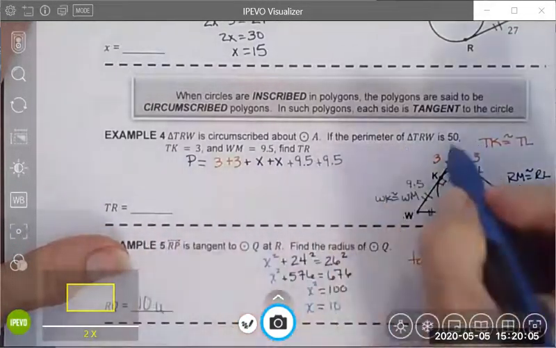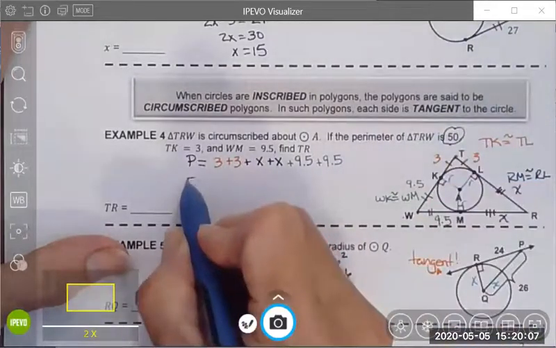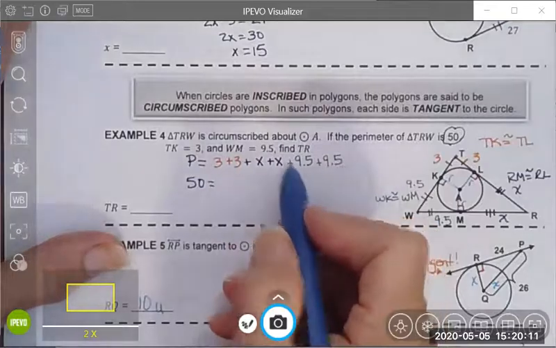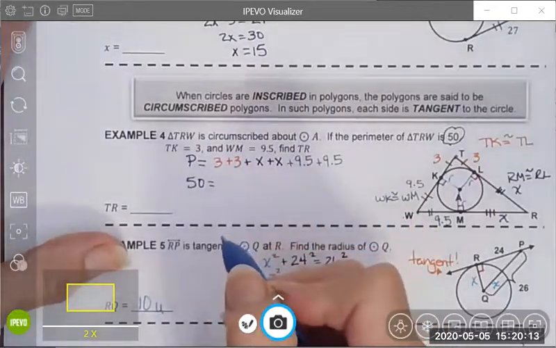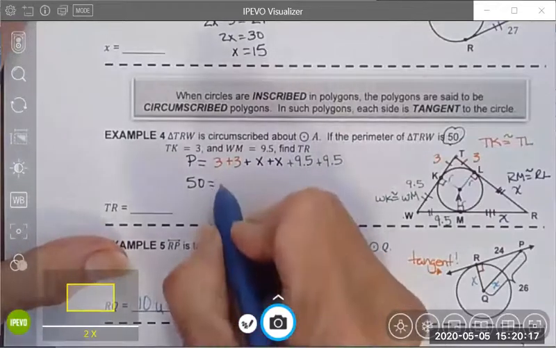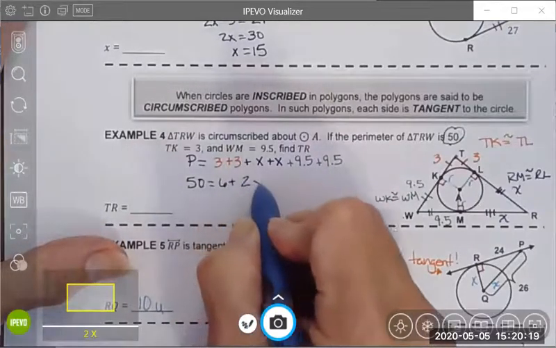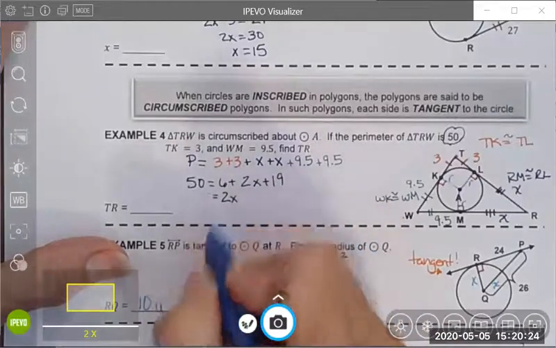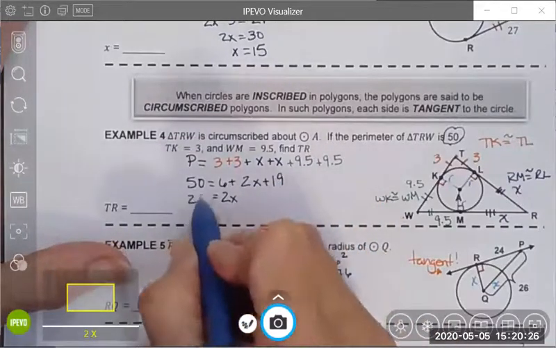My problem stem tells me it adds up to 50. Add these numbers super fast, and I come up with 6 plus 19 plus 2x. And when I solve this, I end up with 2x equals 25.